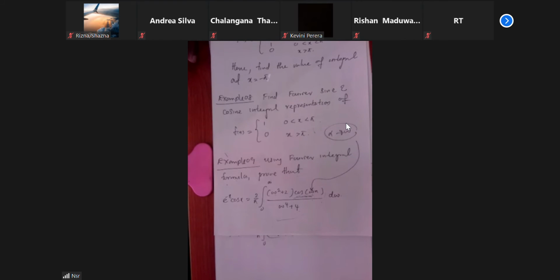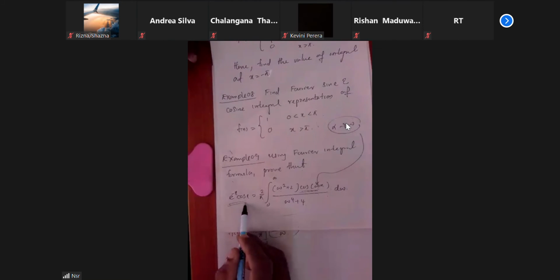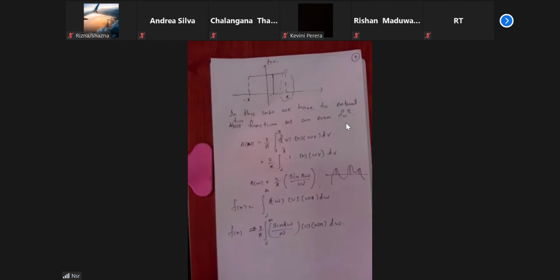Okay, so then you are going to do your calculation. What is f(x) here? So this is the f(x) function you have, right? Let's see how we can do it. If you want to, you can write down the answer for this question to identify whether this function is a Fourier cosine or sine transform.